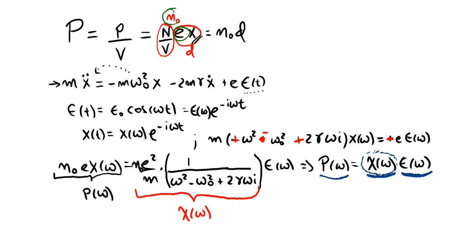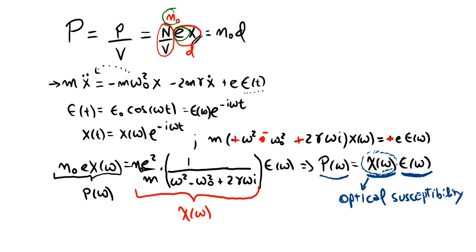In the same way that we call this quantity the magnetic susceptibility in magnetic fields, I'm going to call this an electric susceptibility. But as it depends on omega, it's not for a normal field, it's for an oscillating field with frequency omega. So I'm going to call this the optical susceptibility, because it will be related to light, right?